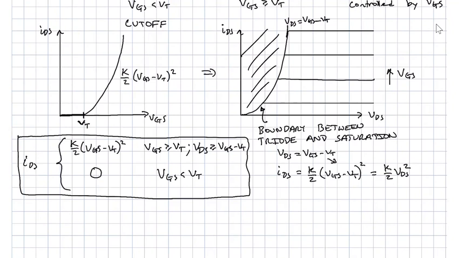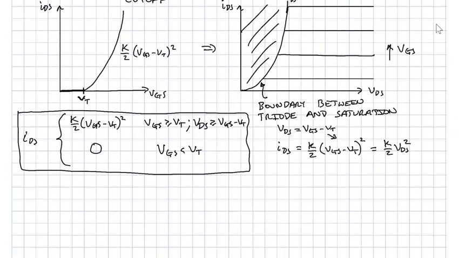Let's spend a second on K. We could do a units analysis, which I always like to do. So IDS is equal to K over 2, and then from a unit standpoint, what's VGS minus VT? That's voltage, and then we square it, so this has units of volts squared.